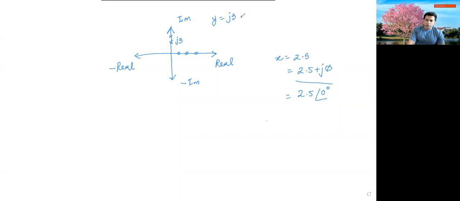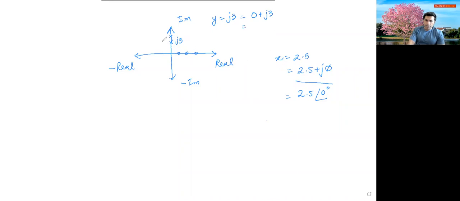Now in rectangular form, we can represent that as the real part being 0 and the imaginary part being j3, so 0 plus j3. And if you want to represent this number in polar form, how are you going to do that?